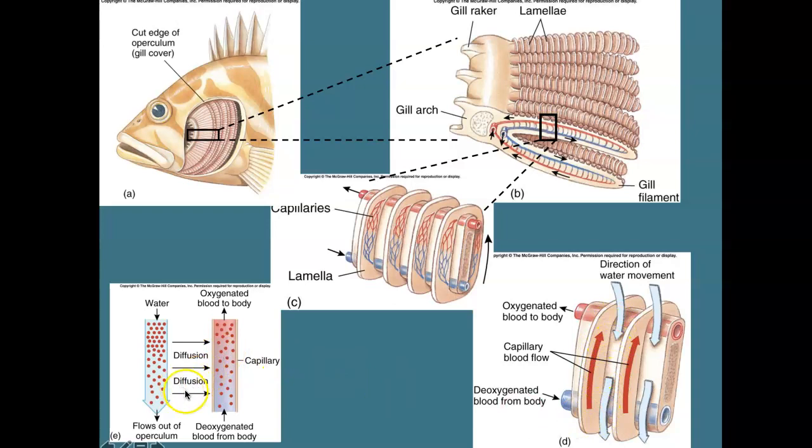And now the vein is deoxygenated. So we're still going to have a higher concentration of oxygen, even though the water already gave up some of its oxygen, than the deoxygenated blood. So you'll still get oxygen diffusion there as well. It's just a cool way. We call this countercurrent exchange.